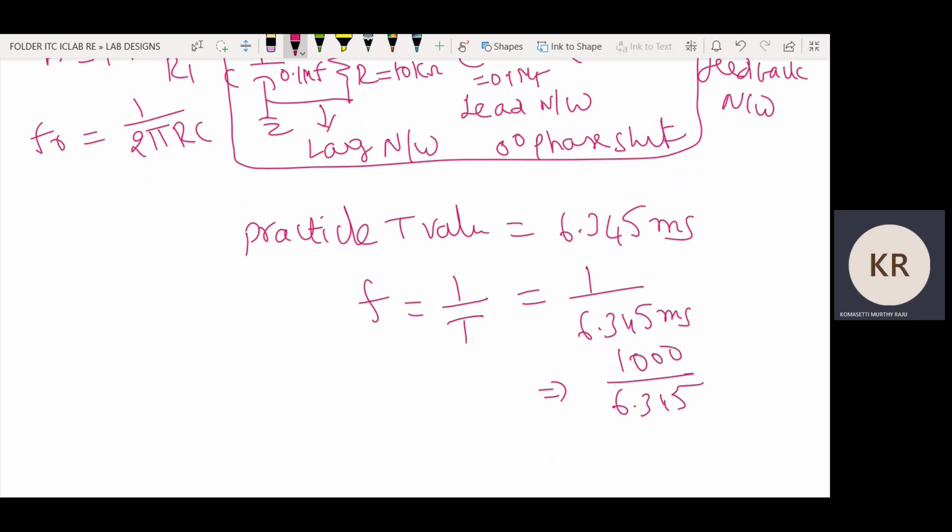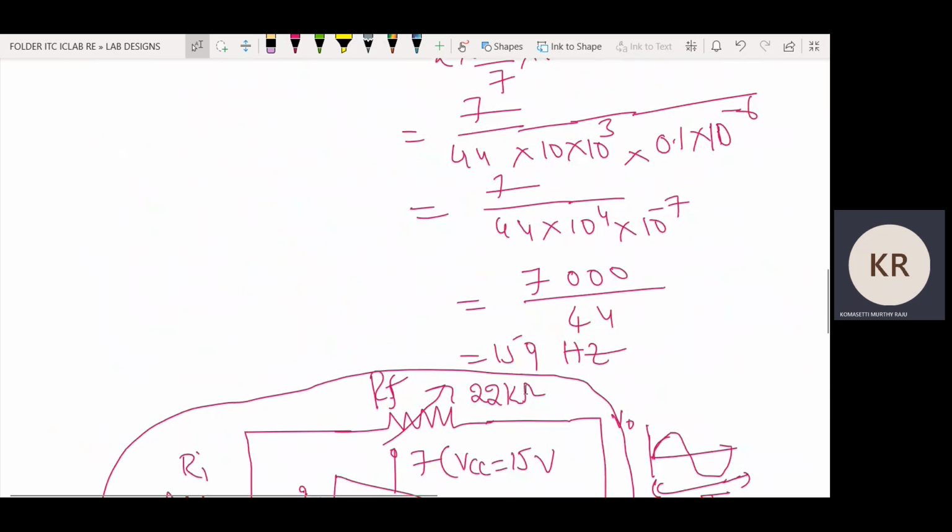How much will we get? 1000 divided by 6.345 is equal to 157 Hz. This is the practical calculation.